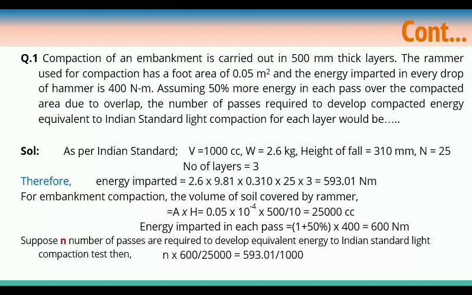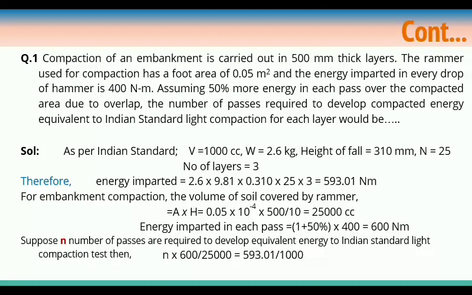Suppose n is the number of passes required to develop energy equivalent to the Indian standard light compaction test. Then we can write n into 600 as the total energy for 25,000 cc, equivalent to 593.01 energy required for 1,000 cc.